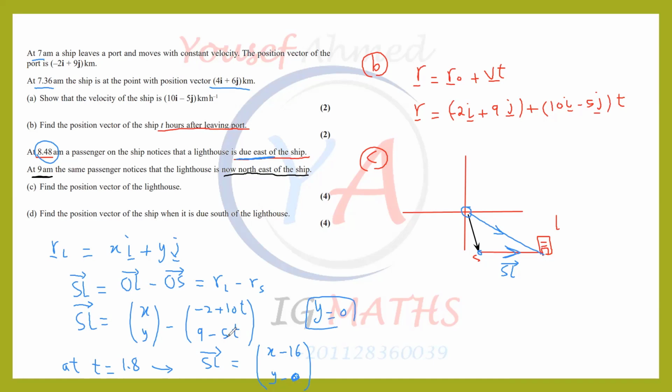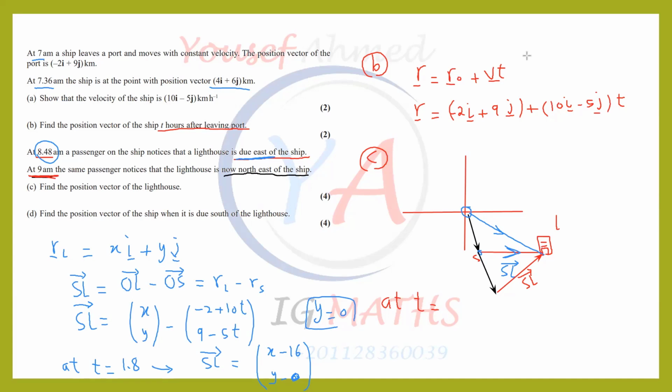Let's move to the second situation, when the ship moved more and the time becomes 9. Now the passenger can see that the lighthouse is northeast from the ship. So now this is the SL after the time changes. The time is now 2 hours because it's now 9.